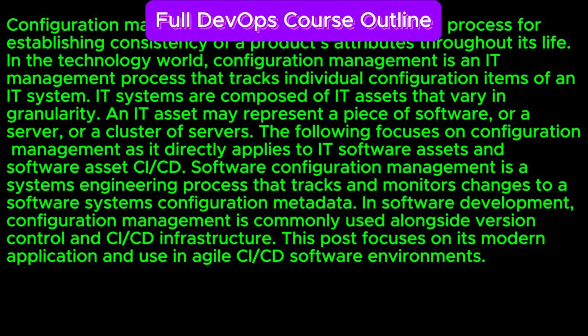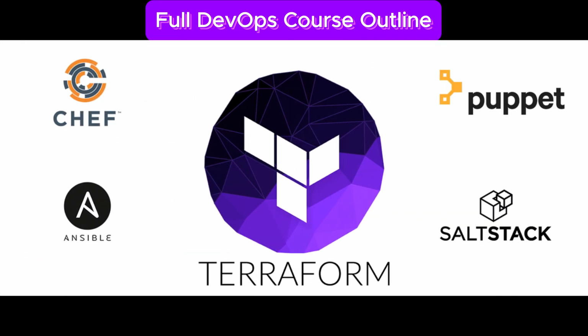Okay, we also have Chef and Puppet. Puppet is again an open source configuration management tool that automates the provisioning, configuration, and management of servers and applications across infrastructure. So from configuration management, Ansible, Chef, or Puppet, we will be using any one of them.